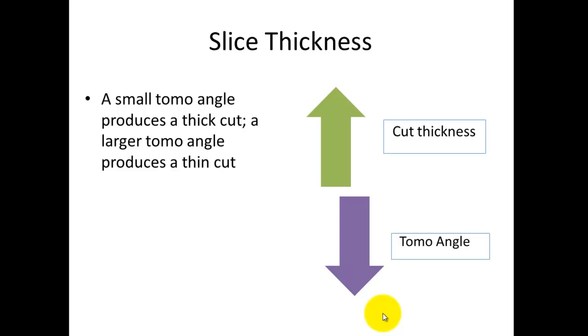Tomographic angle has an inverse relationship to slice thickness. If your tomographic angle goes down, as indicated by the purple arrow, you get a thicker and thicker cut.